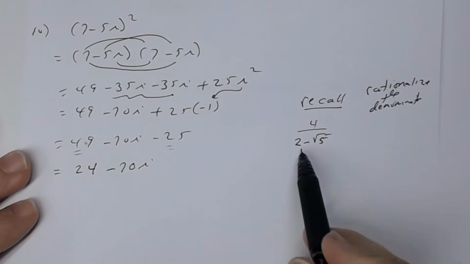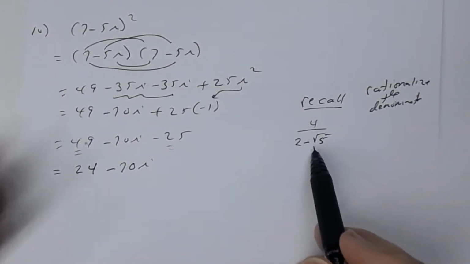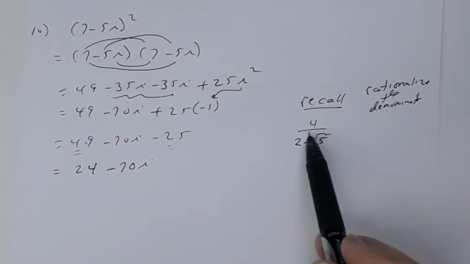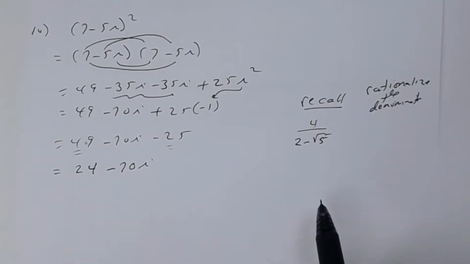All right, so notice that the denominator, 2 minus square root of 5, is an irrational number. And so what you wanted to do there is make this a rational number. So that's why they call it rationalize the denominator.